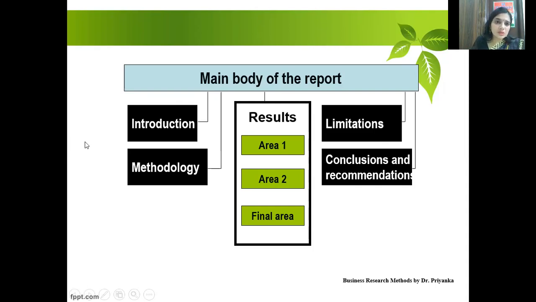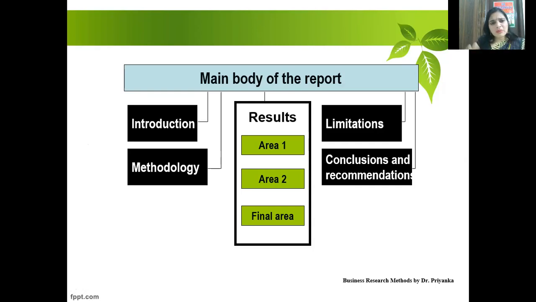Introduction of the research report would consist of a proper introduction of the topic which you have chosen for the research report. For example, if you are working on corporate social responsibility of top 500 companies in India, right? So in the introduction you will be introducing CSR, everything related to CSR which you feel is related to your research report should be mentioned here.